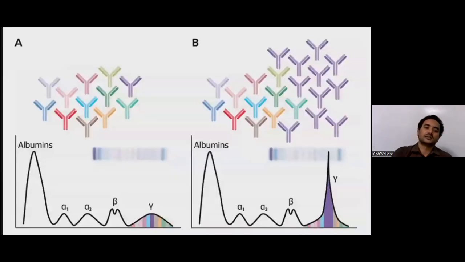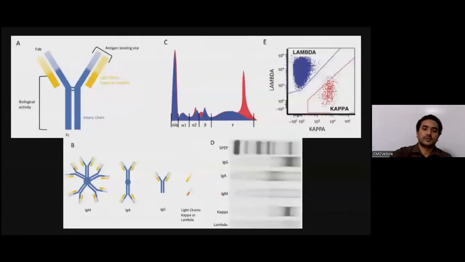This is the usual serum electrophoresis. The left side diagram is the normal one, showing the gamma band as a broad and small peak. If there is any monoclonal proliferation, the globulins increase and you get a spike in this manner. This is known as the monoclonal spike, or the M spike. This is the same representation, with the red and blue colors and the purple one being the normal.